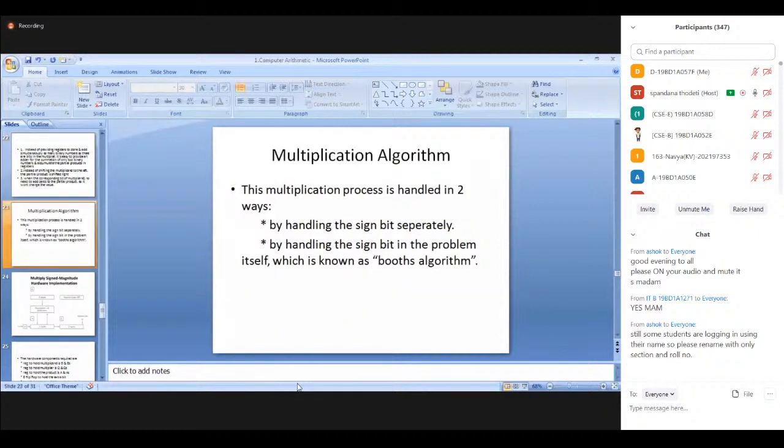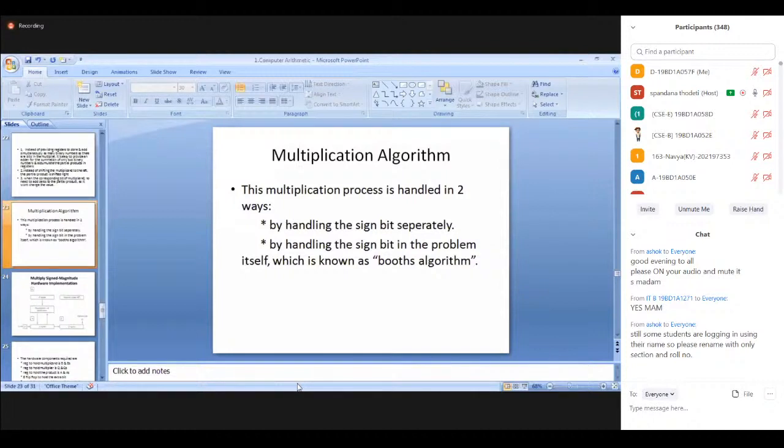And this multiplication is also done using two methods. First method is by handling the sign bits separately, that is multiplication for signed magnitude data. And if the sign bits are not handled separately, you will call it signed two's complement.